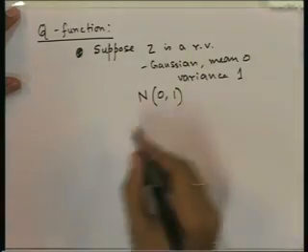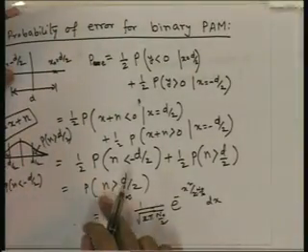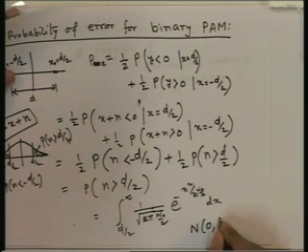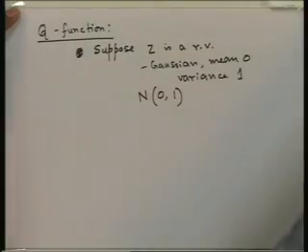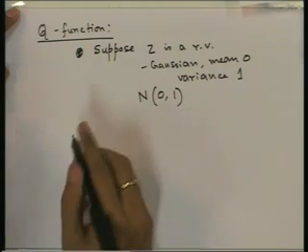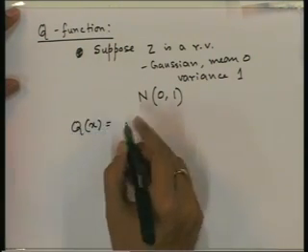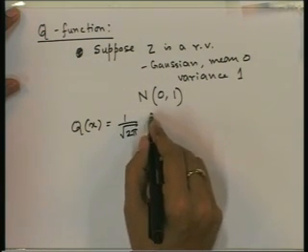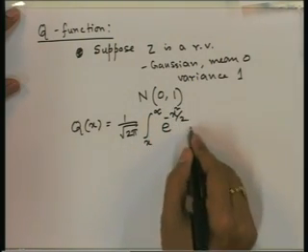The random variable with variance N0 by 2, which we had for this noise, is denoted by N(0, N0/2), the variance N0 by 2 and mean 0. So, suppose we have a random variable with 0 mean, 1 variance Gaussian, then Q(x) is defined to be 1 over root 2 pi, integral from x to infinity of e to the power minus x square by 2 dx.